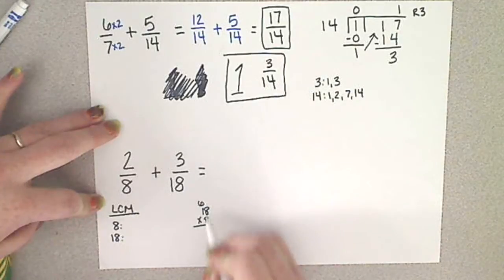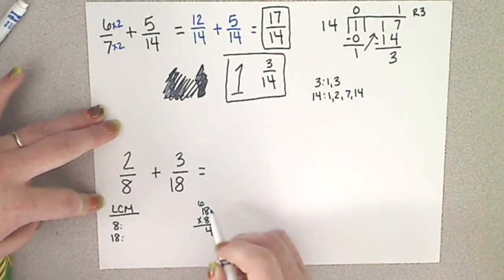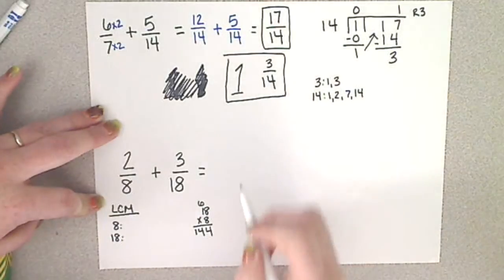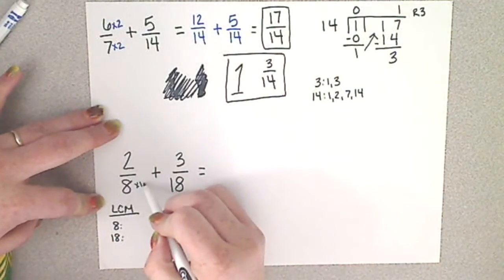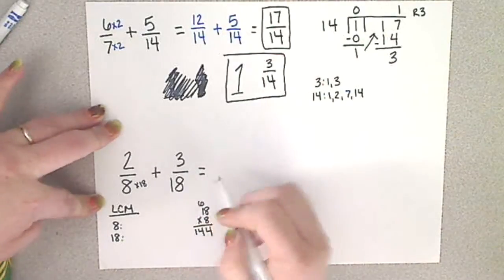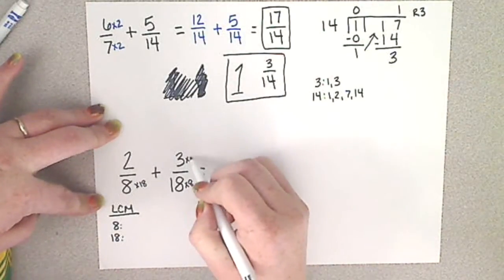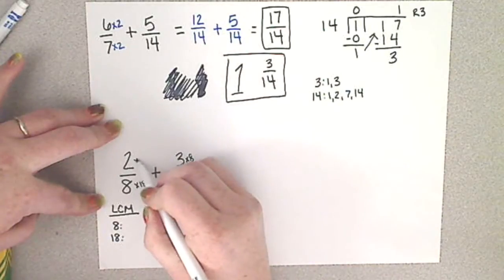8 times 8 is 64. 1 times 8 is 8, plus 6 is 14. So that I can multiply 18 times 8 and 18 times 8. And whatever you do to the bottom, you must do to the top.